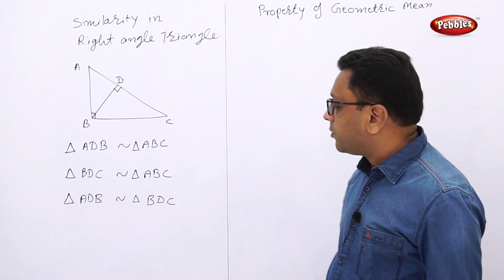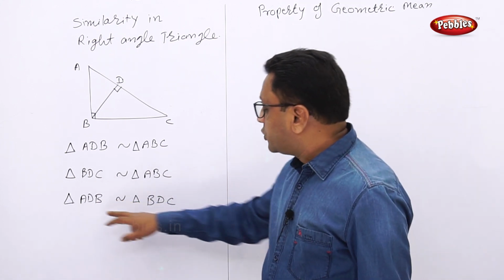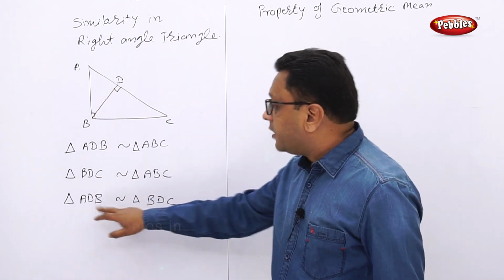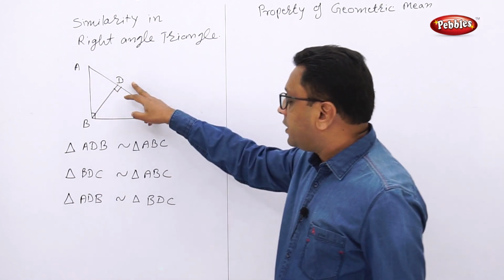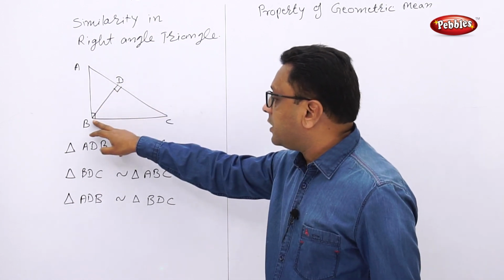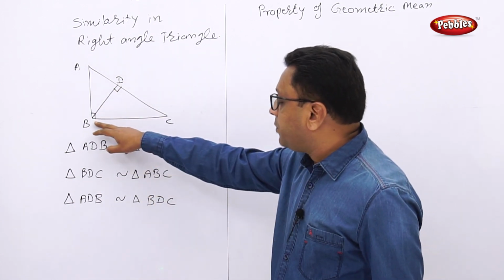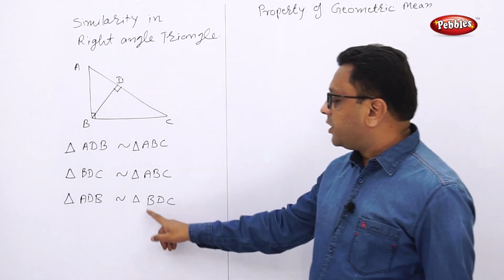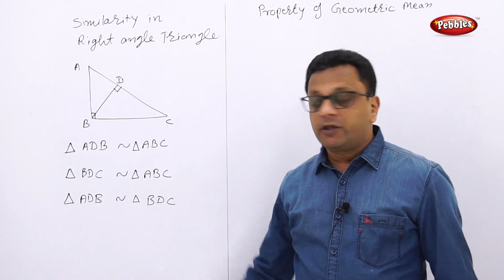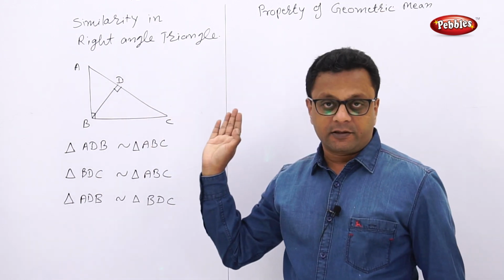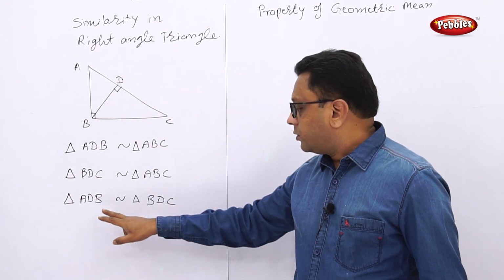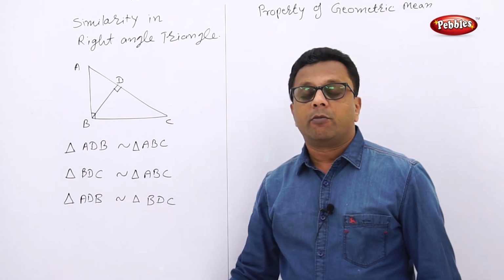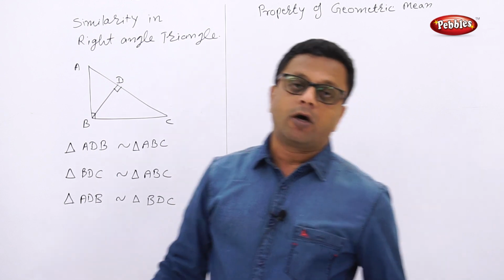Now let us consider these two triangles, first triangle and second triangle. ADB, A, D at the center and then B, and here also B, D and C. Now you will say that B is common, but actually these two triangles are totally different triangles. So there is no point in taking this B as a common point, because that is not actually a common point.